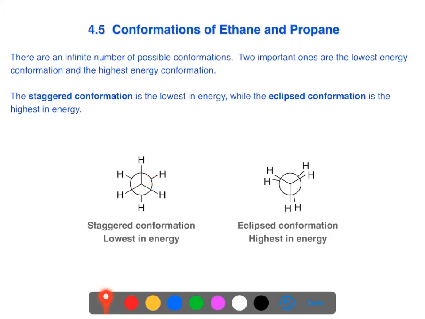The highest energy conformation, the least stable conformation for ethane, is when you have direct overlap of the carbon-hydrogen bonds in front with those in back. And I realize that in this particular depiction of this Newman projection, we're not showing those carbon-hydrogen bonds directly overlapping. If we did so, we would not see what is attached to the carbon in back.